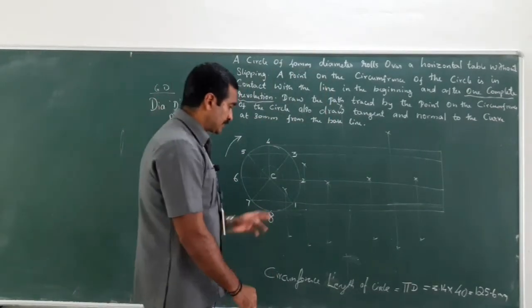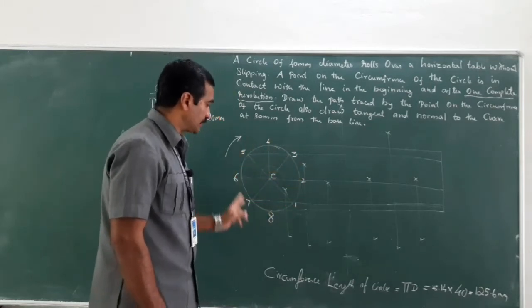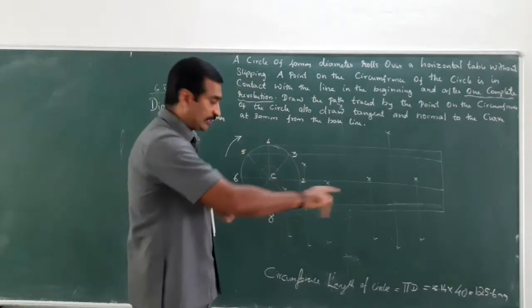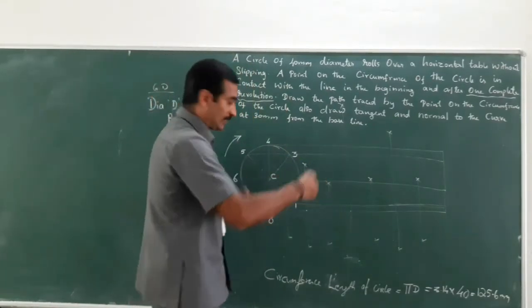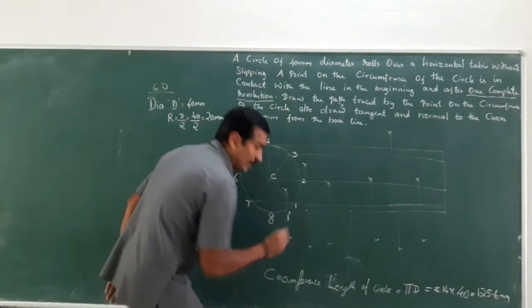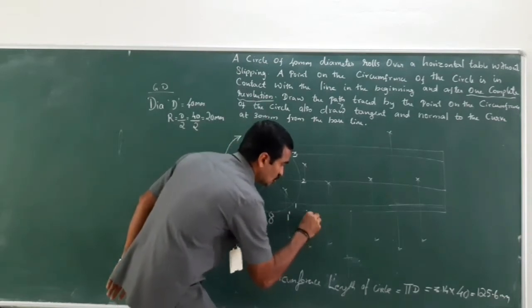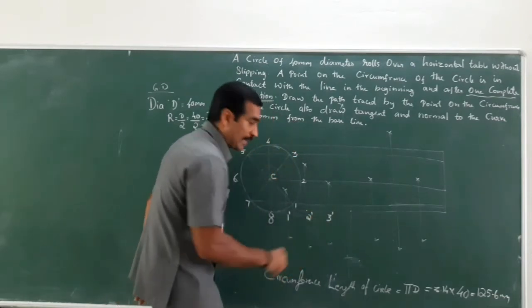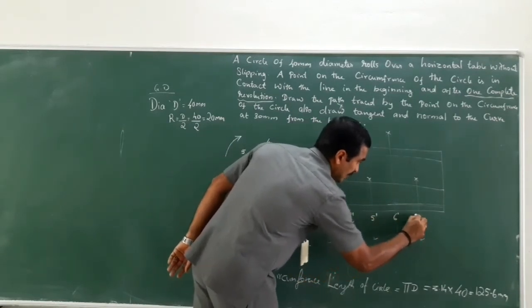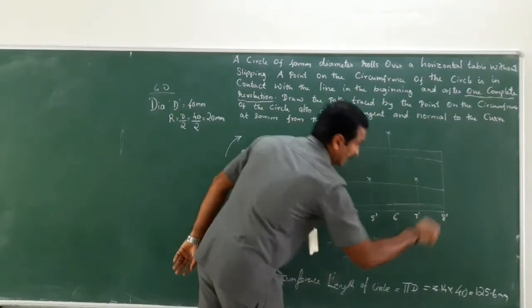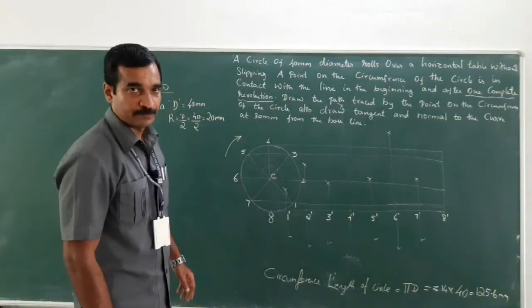Right. Since I have given 1, 2, 3, 4, 5, 6, 7, 8 here, to differentiate the points for the baseline or the direct line or the straight line, I am giving this as 1 dash, this as 2 dash, this as 3 dash, this as 4 dash, 5 dash, 6 dash, 7 dash and 8 dash. Right.